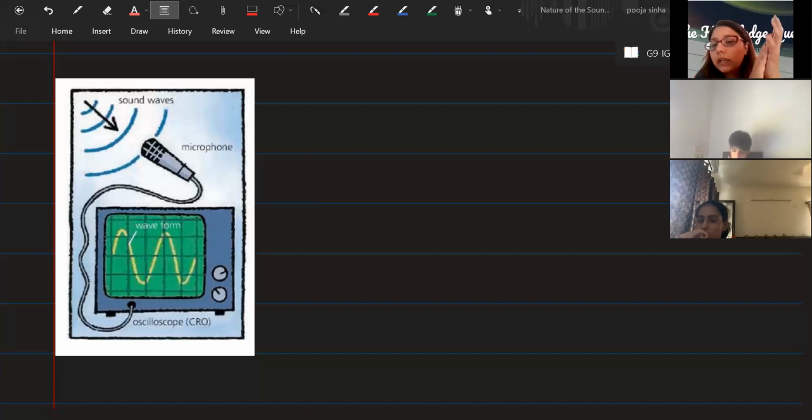And third, in big movie halls we use acoustic diffusers, which are made of a special material called fiberglass. That helps in reducing the sound. I hope it's clear to you.